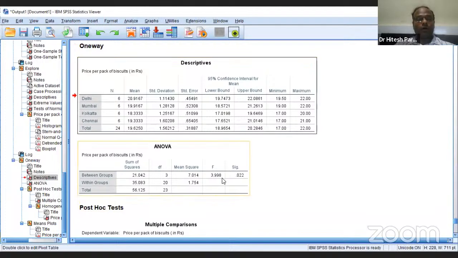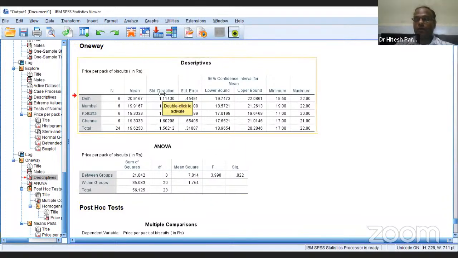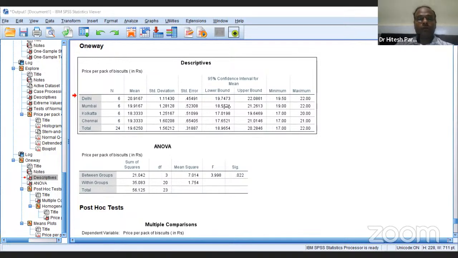And this is your ANOVA result. First of all, did you get the result or not? Should we move ahead?